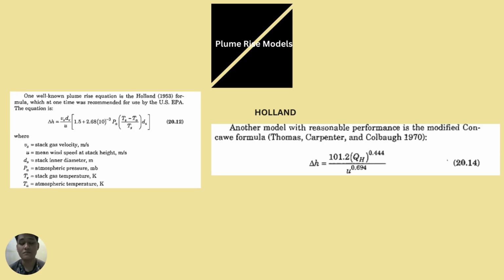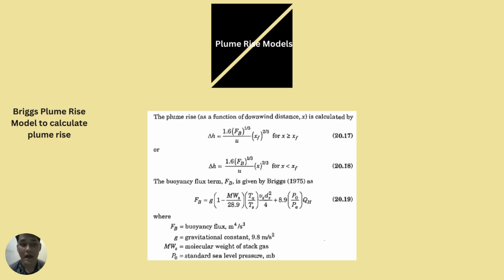For example, there are the Holland plume rise models. Here are the equations involved. Furthermore, there are the Briggs plume rise models. Here we can calculate the plume rise delta H and also the buoyancy flux term FB in the Briggs plume rise model.